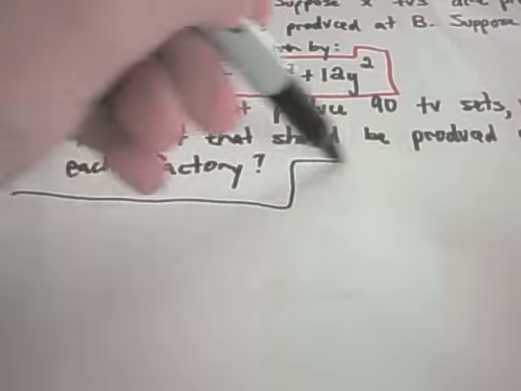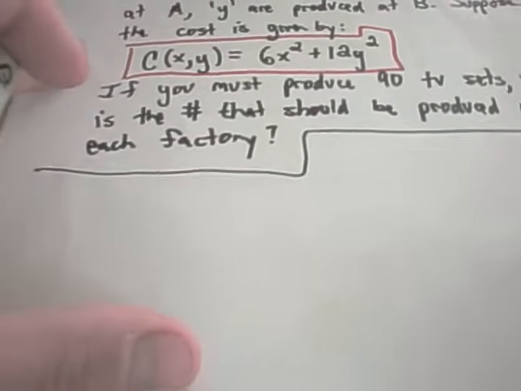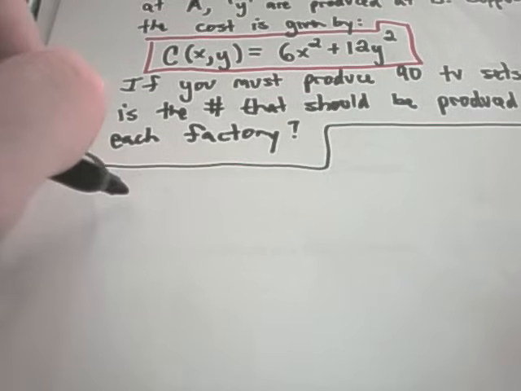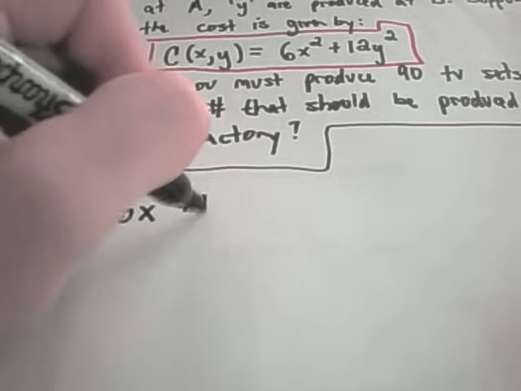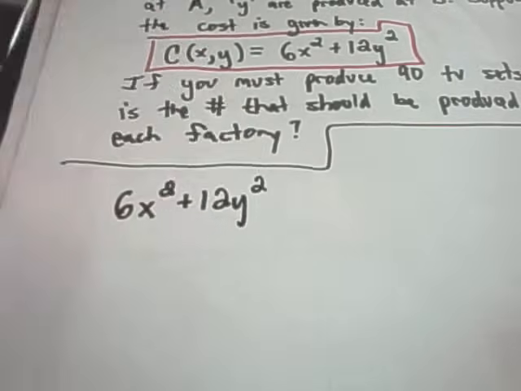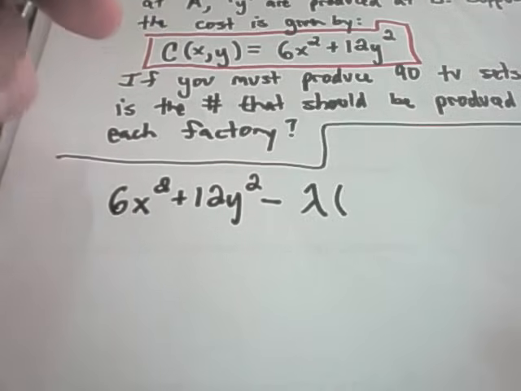function. Okay, so what I'm going to do is basically like I said in the last part. You take whatever function you're trying to maximize or minimize, and then you subtract away lambda times your constraint.